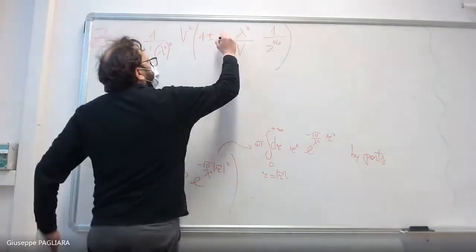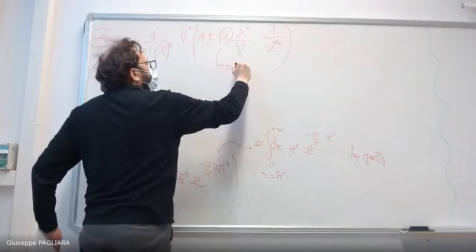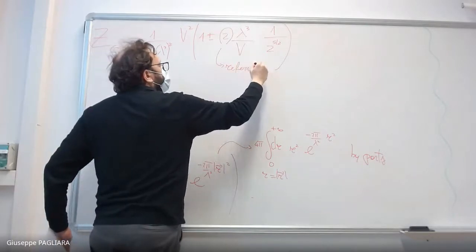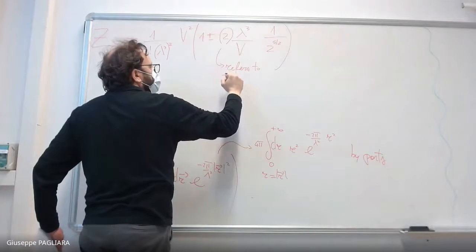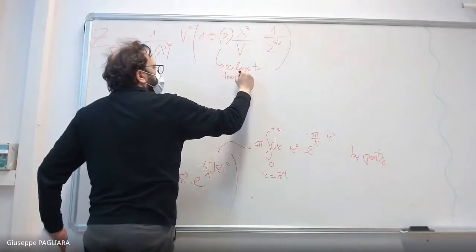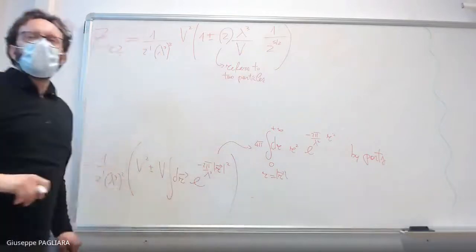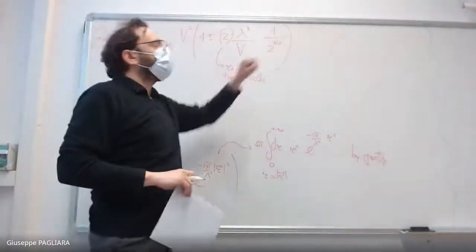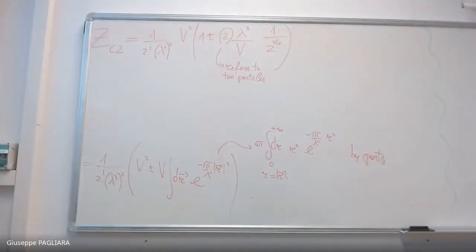Where this factor of 2 also refers to the fact that we have two particles. That's why I have not simplified with these 2 to the power of 5 that we will recover later as an additional factor. Okay, so this is the result.